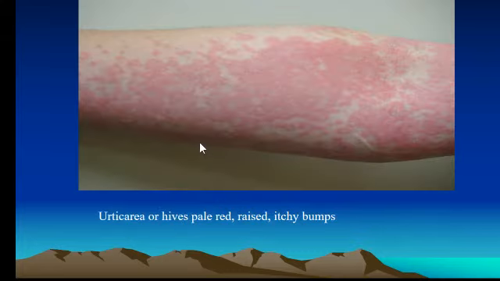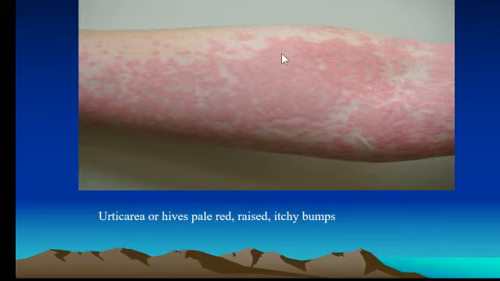Next, we have a picture explaining the hypersensitivity type 1 anaphylactic reaction. One is urticaria, or hives: pale red, raised itchy bumps, as we can see in the picture.